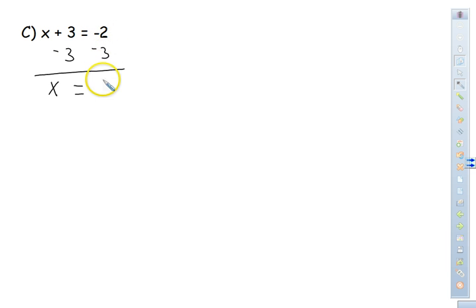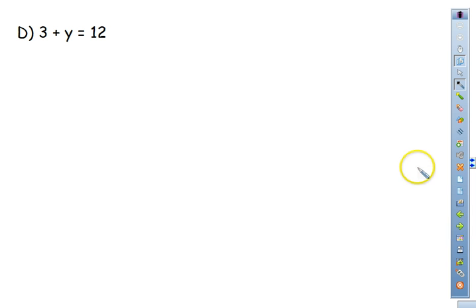Since they are same signs, we add. Sign stays the same, so it's negative 5. Let's check our solution. Negative 5 plus 3, does that equal a negative 2? And it does. Negative 2 equals negative 2.